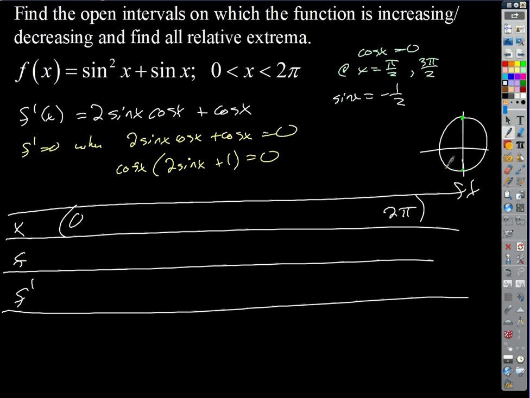So that's going to be at that point and that point, where the sine, which is the y-coordinate, is negative 1/2. So I'm going to have the point with y-coordinate negative 1/2 and the point with y-coordinate negative 1/2. X-coordinates would be plus square root of 3 over 2 and negative square root of 3 over 2.